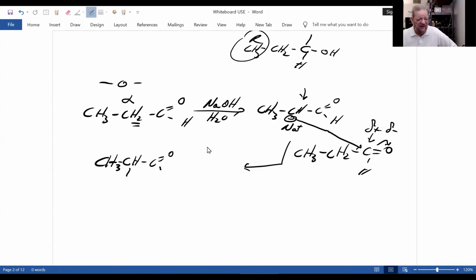There's my first aldehyde. My alpha carbon attacks the carbonyl carbon of the second one and opens it up to actually this alkoxide. What's attached to it is still attached to it.